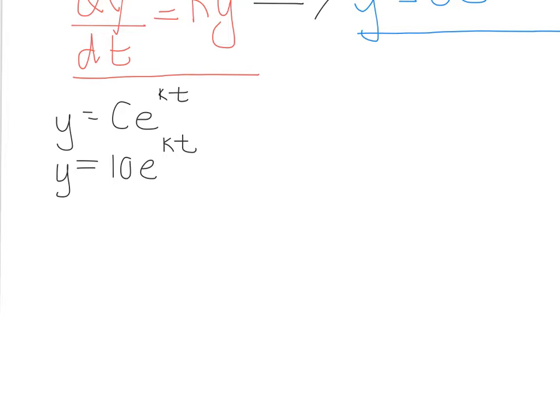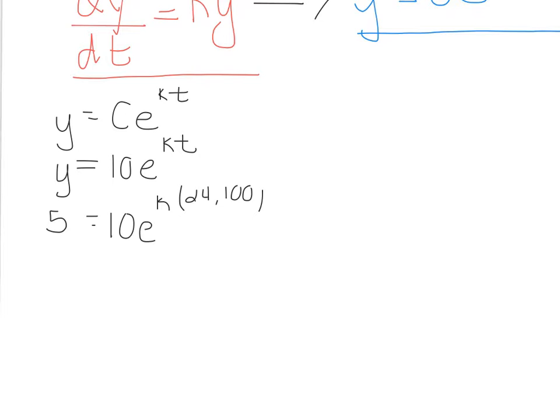So if the half-life is 24,100 years, that means that if we start with 10, and we don't know what k is, we do know that when 24,100 years have passed, we will have half of the amount that we started with. This will let us solve for the decay constant, k.